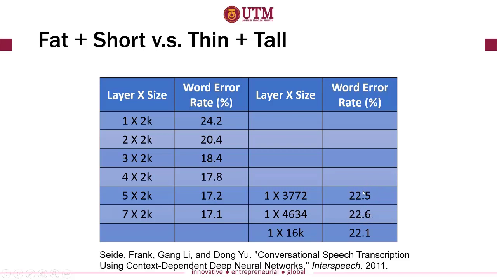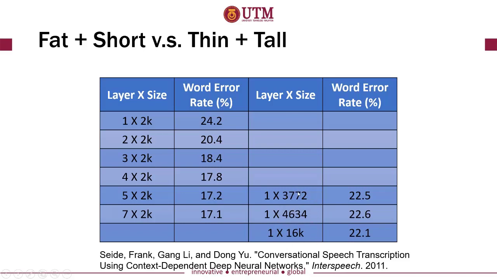But once they increase more, to 16k or 16,000 neurons in one layer, they achieve an error of 22.1%. Just compare this one and this one. The improvement only manages to reduce the error by 0.4%.